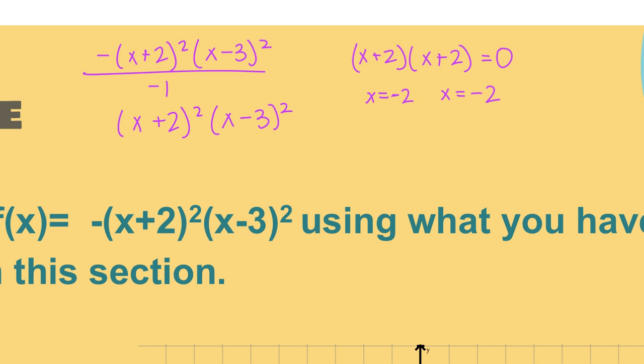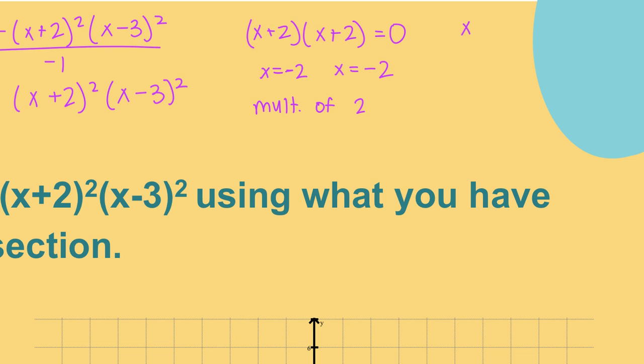Okay. So because I have two x plus 2's, I have a multiplicity of 2. And then let me go ahead and do that 3. I have x minus 3 times x minus 3. Again, setting both of them equal to 0, I'm going to end up with x equals +3. And this has a multiplicity of 2.